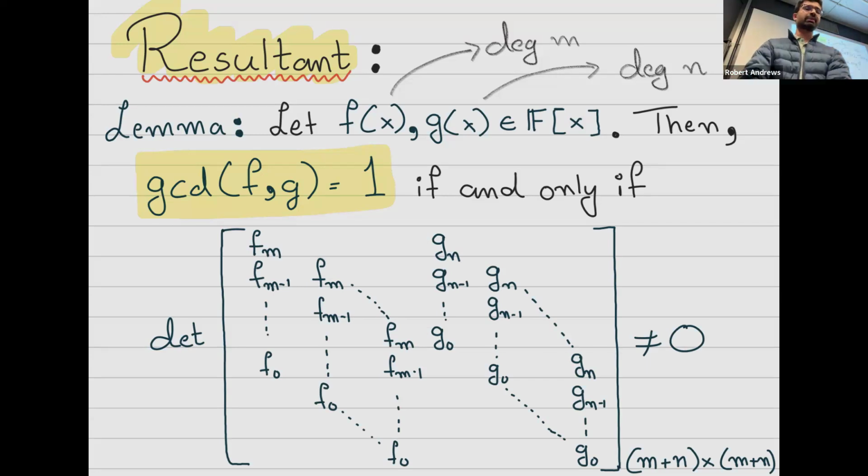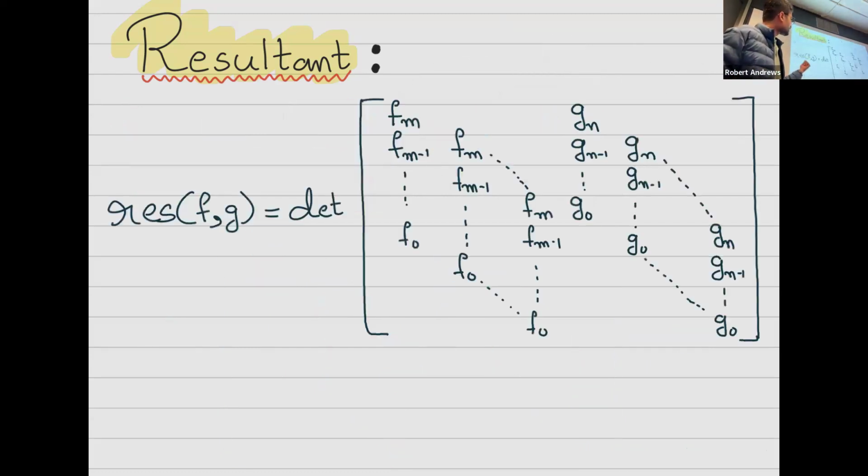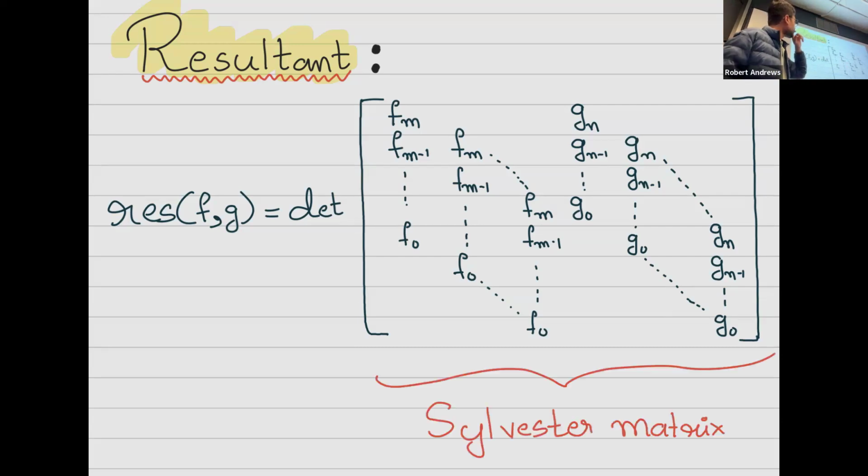This is a nice matrix with its entries in f's and g's, written in a nice fashion. We define the resultant to be this determinant. The resultant of f and g is the determinant of this matrix. And this characterizes when the GCD of f and g is 1 or non-trivial. This matrix is known as the Sylvester matrix.